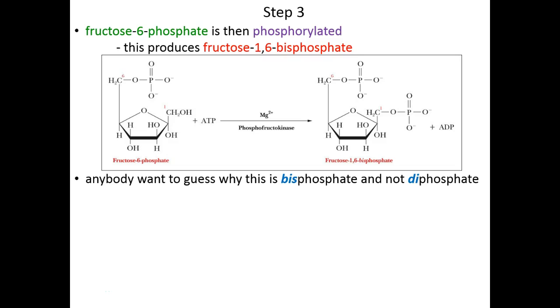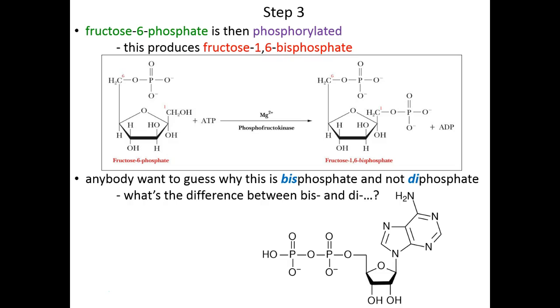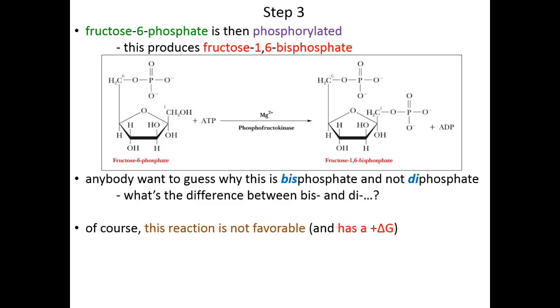So glucose or fructose bisphosphate is telling you that the 2 phosphates are in 2 different locations. And fructose 1,6-bisphosphate tells you that those 2 locations are carbon 1 and carbon 6. Here's a diphosphate. This is adenosine diphosphate, and you can see the 2 phosphates are linked to one another.